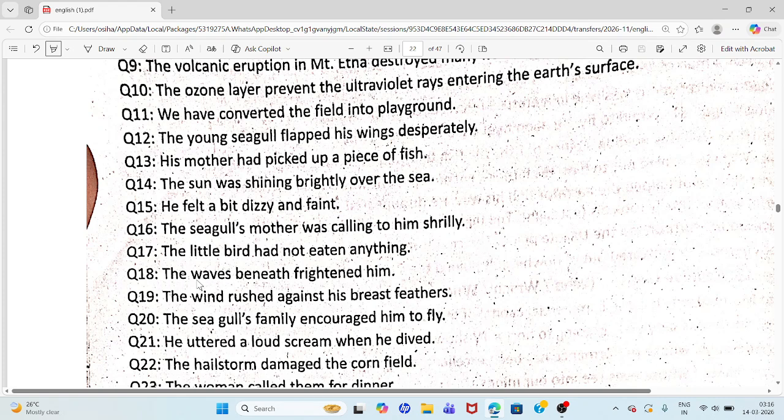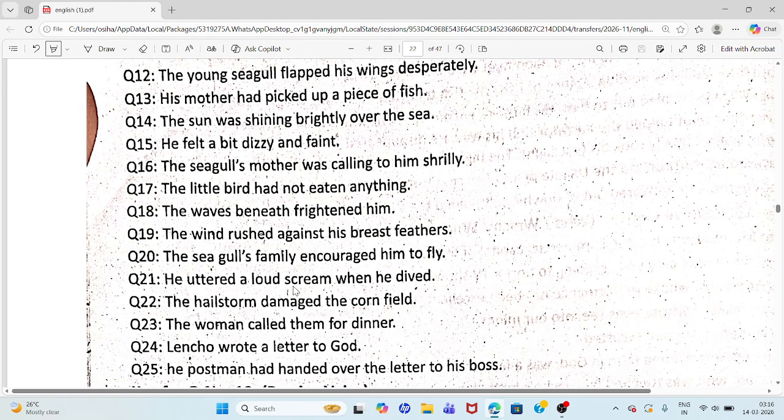Question 18. The waves beneath frightened him. In passive voice, he was frightened by the waves beneath. 19th question. The wind rushed against his breast feathers. And in passive voice, his breast feathers were rushed against by the wind.